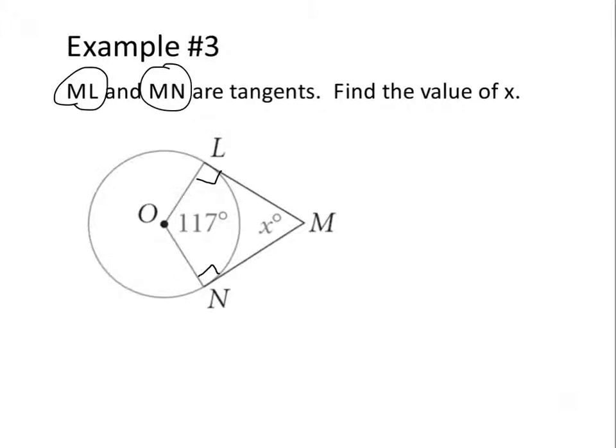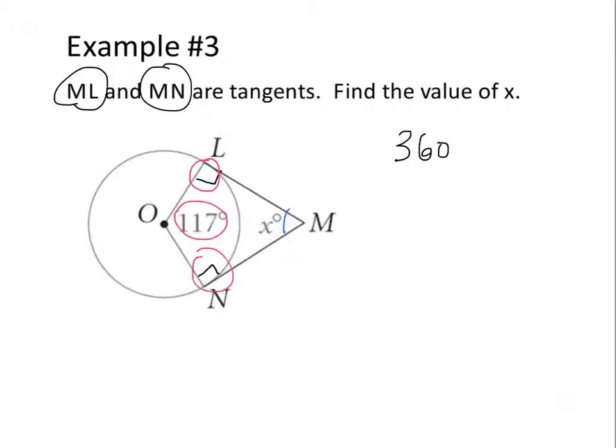So now instead of a triangle in the previous example, I now have a quadrilateral. Well, I know 4 angles in a quadrilateral equal 360. So I can add up these 3 angles and subtract from 360 to find that angle right there.